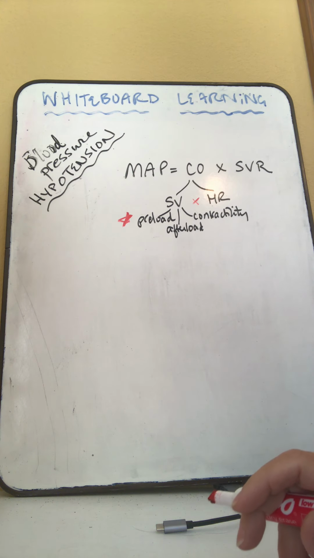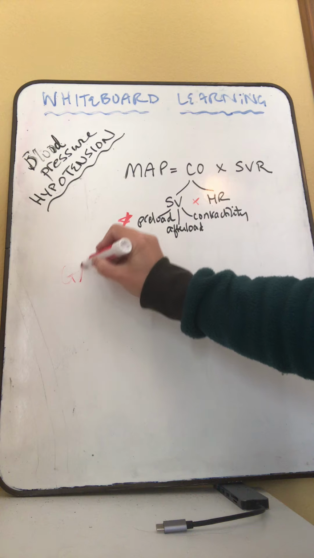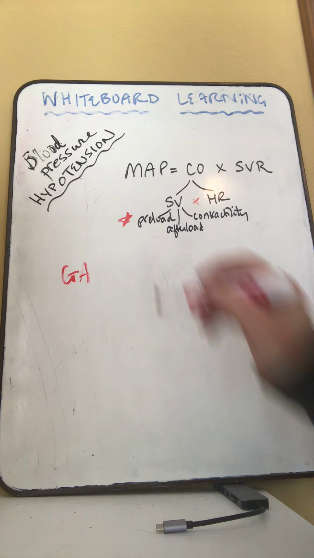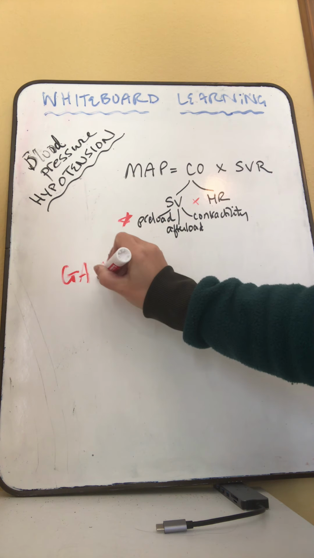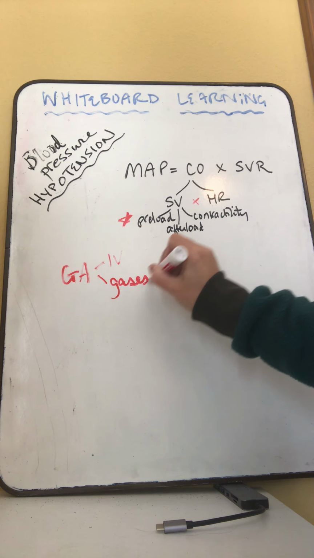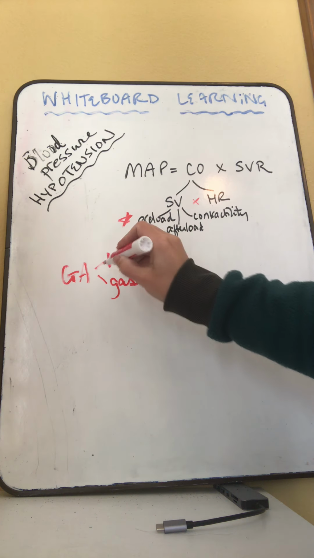So let's talk about anesthesia a little bit. Under general anesthesia, we are usually using multiple agents. We have some IV agents and we have some gases, so definitely a plethora of drugs that we can use.